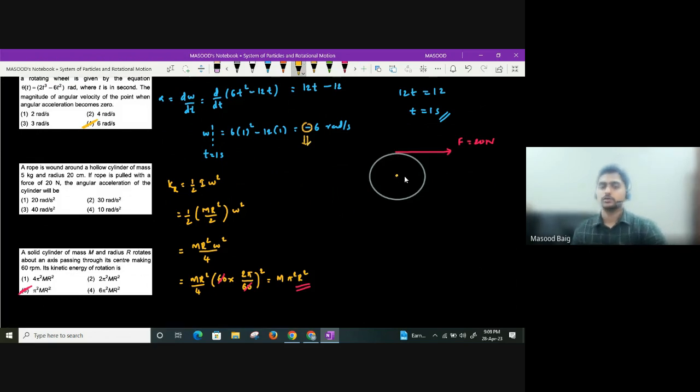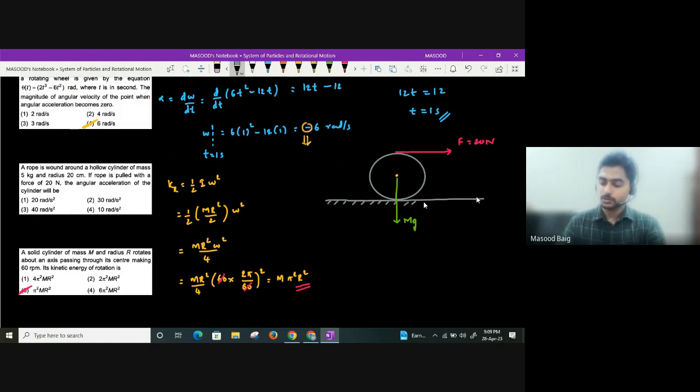So now, what will be the situation here? Let us imagine it is present on some surface again, or let us take it is in air only. What are the forces that are going to act? Will weight be acting? Weight will usually act on the ground. Imagine that it is on a surface, guys. Weight is usually going to act on a ground.